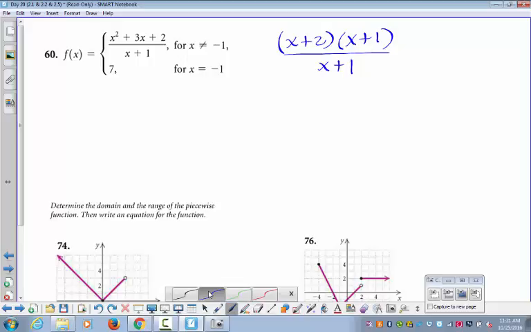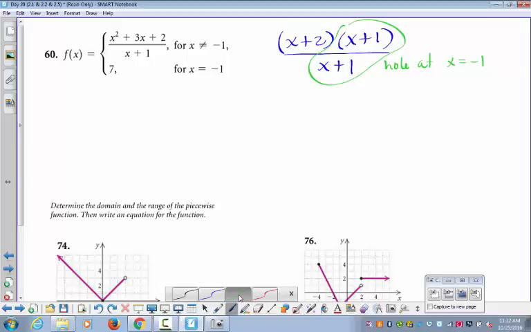So, if you have a rational function, the zeros of the denominator are vertical asymptotes unless there is a common factor with the numerator. If there is a common factor with the numerator, there is then a hole. Okay, so here, this tells us that we are going to have a hole at x equals -1, not a vertical asymptote.